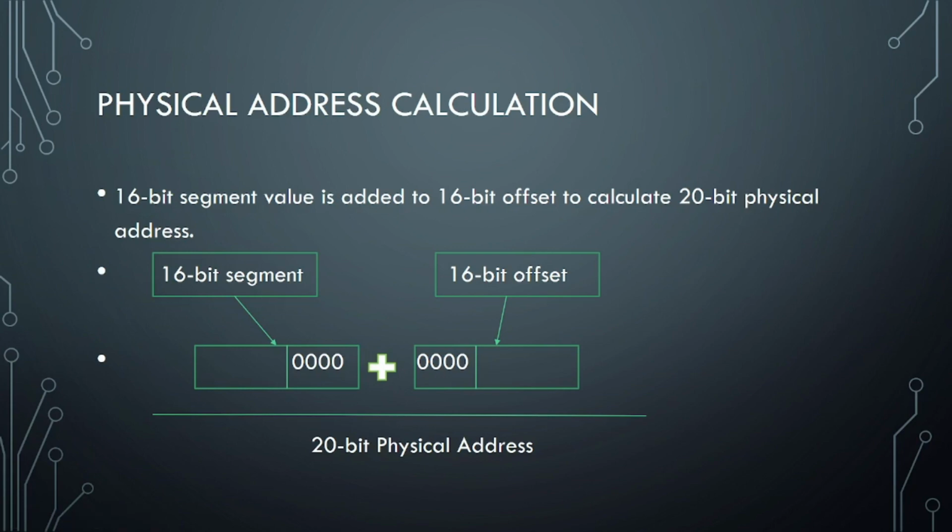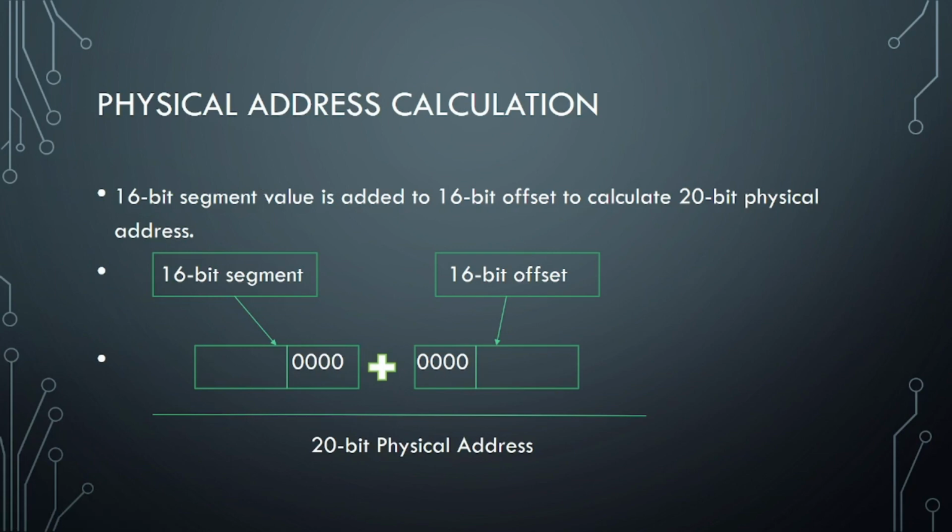In x86 systems, the physical address was of 16-bit as it was a 16-bit architecture, but we are studying x88 architecture which uses 20 bits, so physical address would be 20-bit. So how do we achieve that?